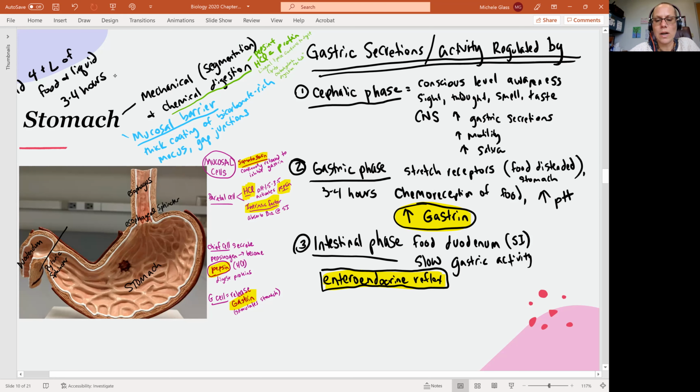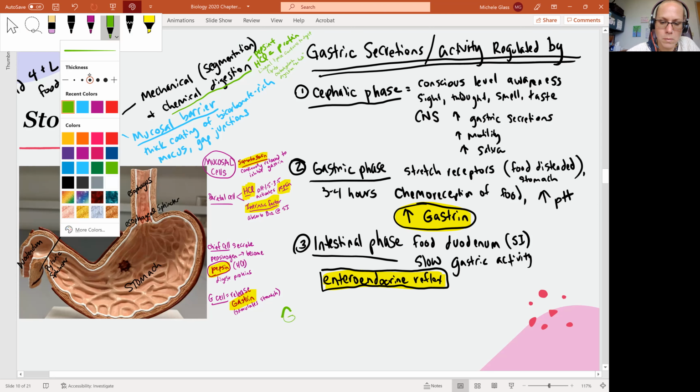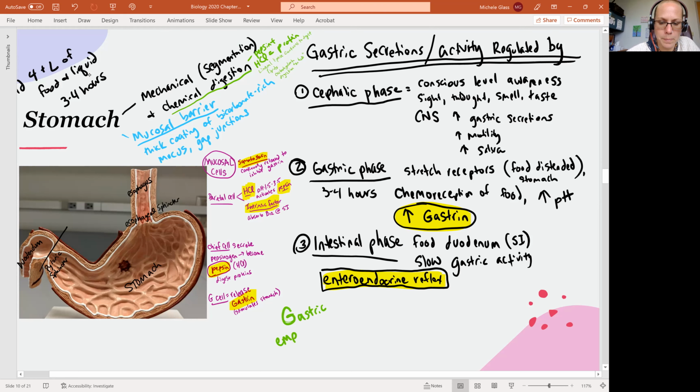The other thing just to talk about is what's called gastric emptying. And remember, we're seeing like 3 milliliters of chyme released at a time into the, here I'm just going to put small intestine because I have room for that.